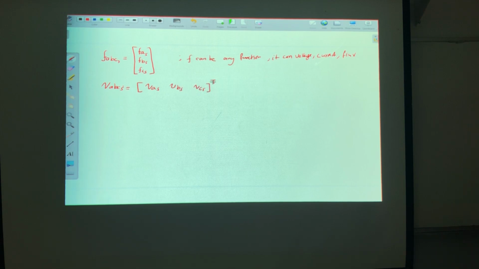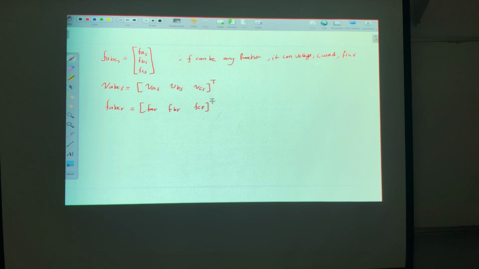Transpose. So this is only a way of writing the thing. Now the same thing I can say, F_ABCR will equal F_AR, F_BR, F_CR.